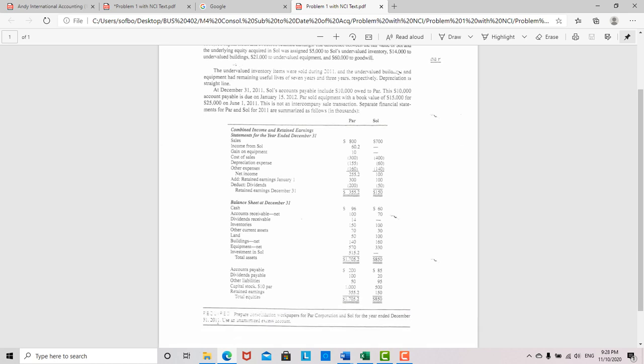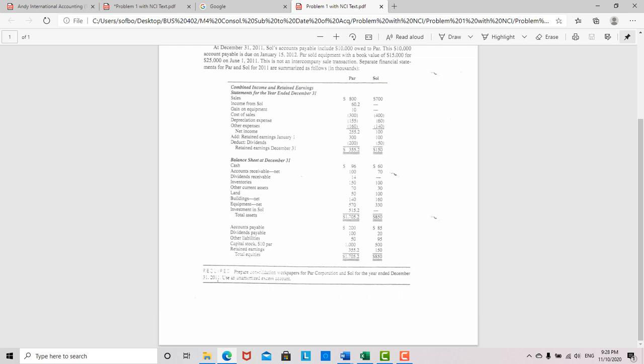And there are two accounts you'll see here that confirm that. The first account is, and I'll actually draw a circle around it, this one right here. That's income from Sol.